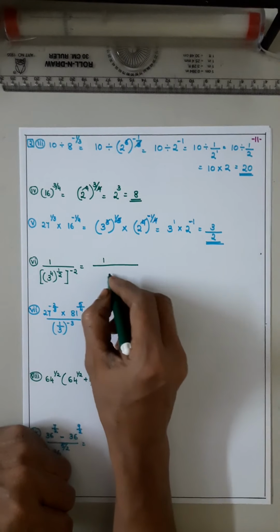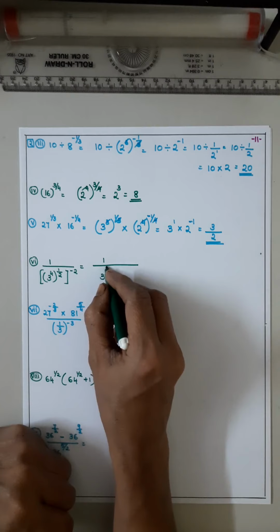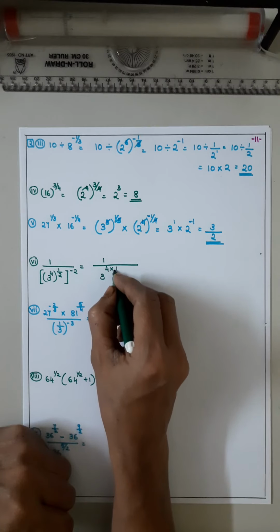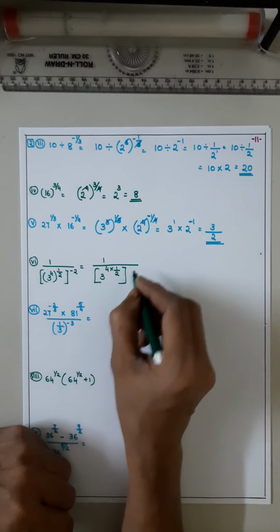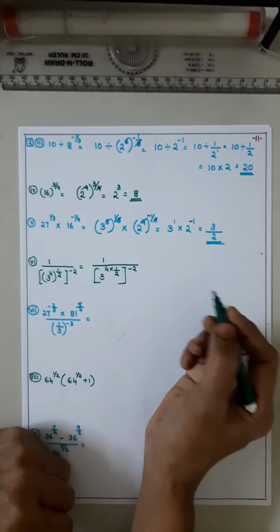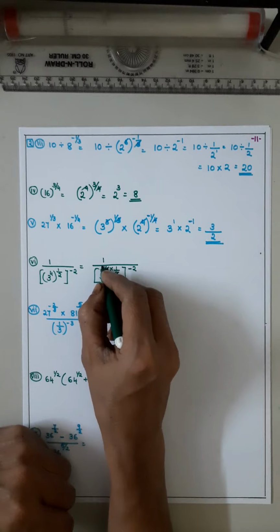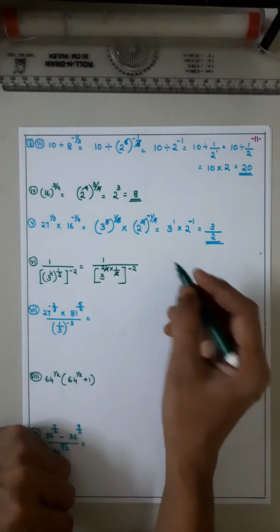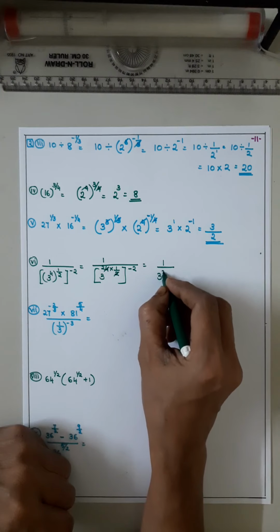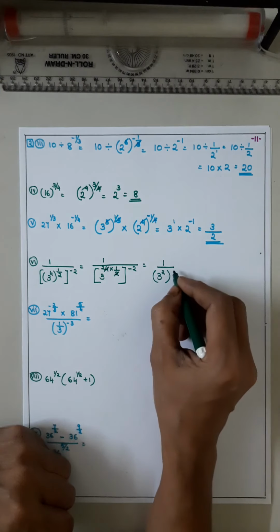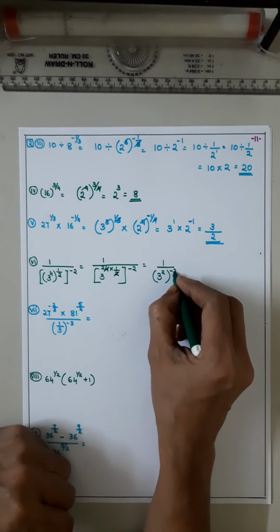Okay, now we will do 4 into 1 by 2, isn't it? The whole power minus 2. This gets cancelled. That is 1 by 3 square to the power minus 2.